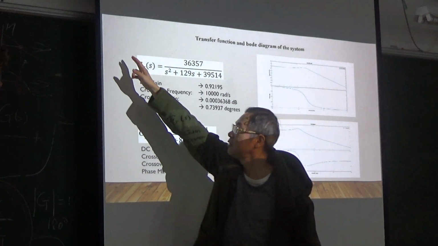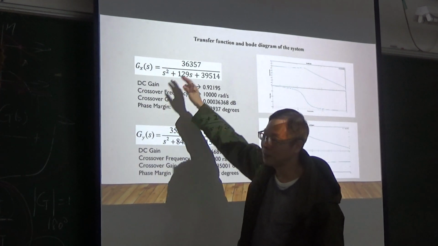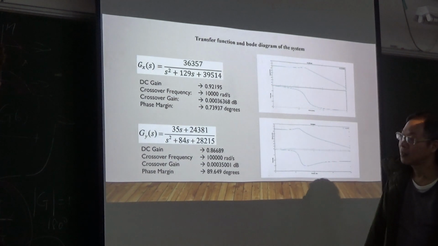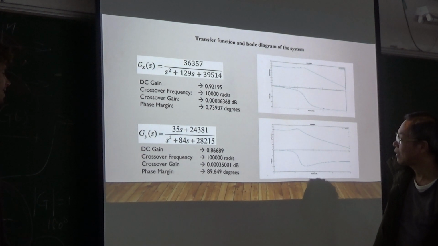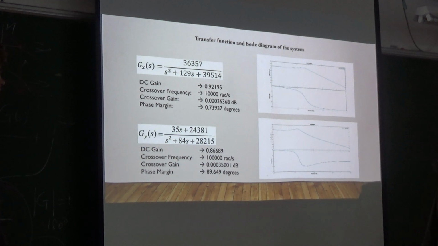Then you design the DPTC for each. Continuous time is not good, because you also need to consider your discretization when you implement it.